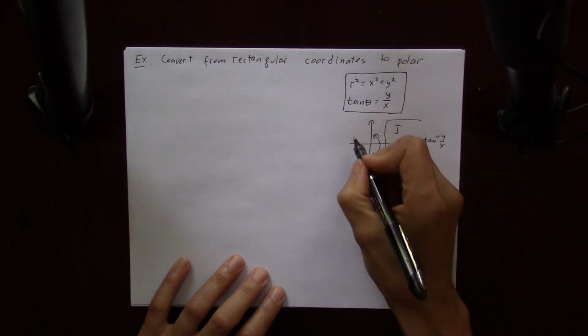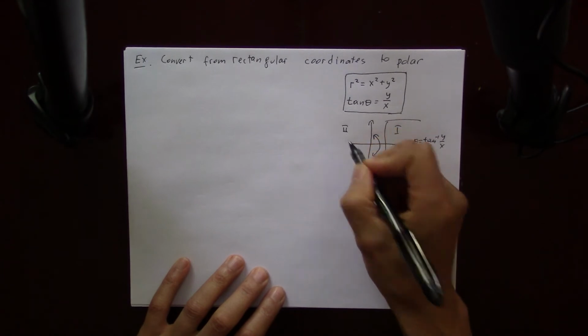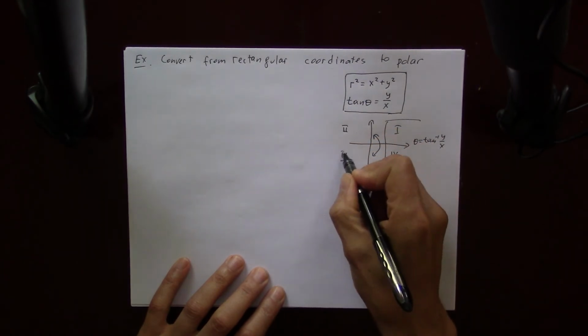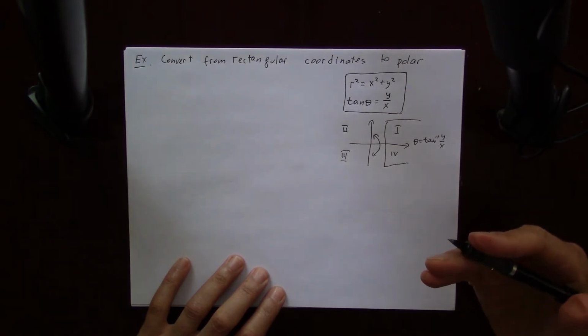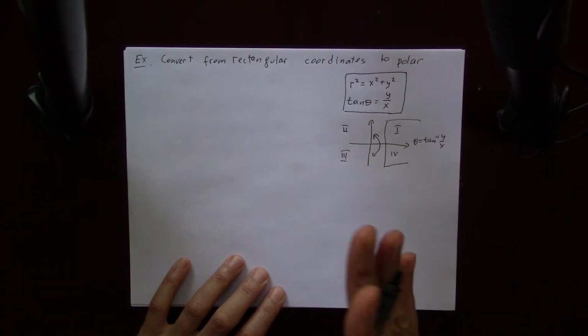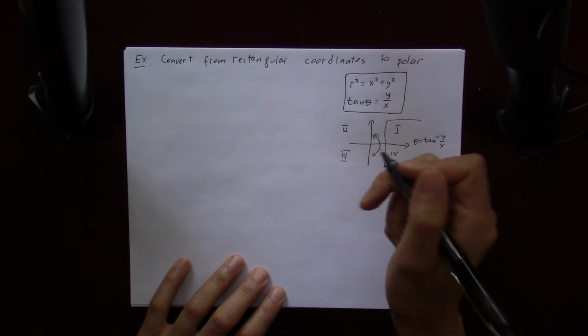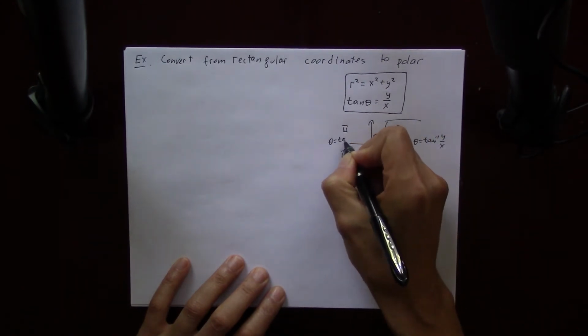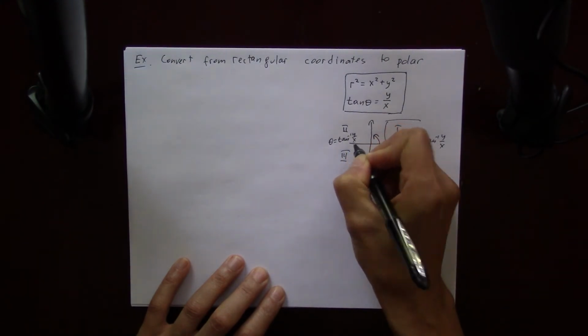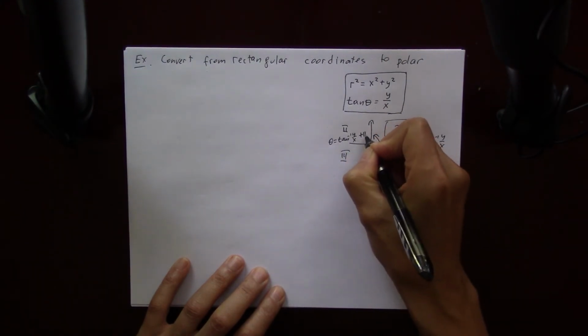When we are located in quadrant 2 or 3, we still want to do tangent inverse of y over x. The only catch is we want to move to quadrant 2 or 3, and what we do is we say theta equals tangent inverse of y over x, and we put an extra pi to it.